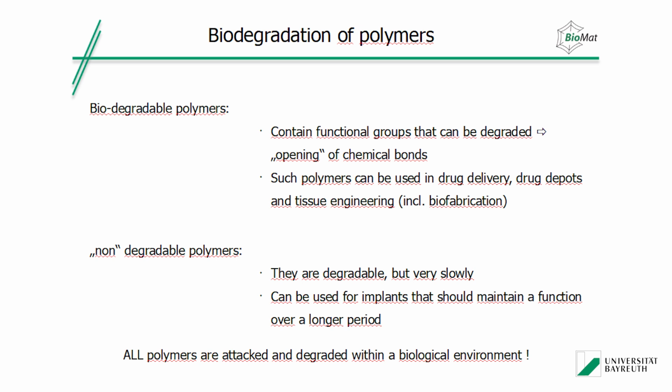Biodegradable polymers can be degraded quite rapidly because they contain functional groups that allow the opening of chemical bonds. These degradable polymers are very useful in terms of drug delivery or as drug depots, but also in tissue engineering, especially in biofabrication.